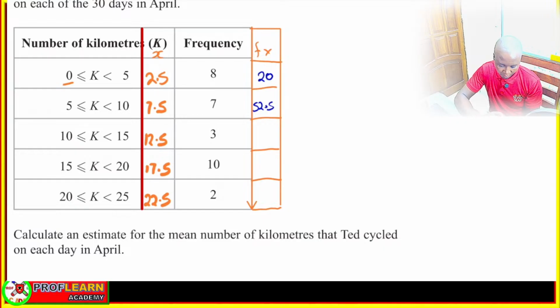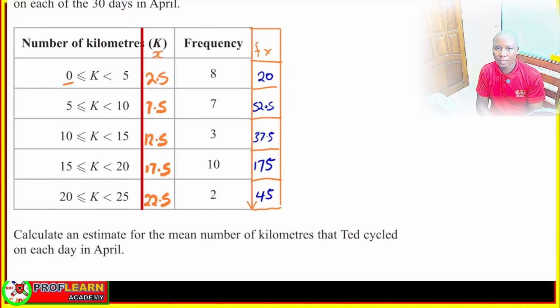And then 12.5 times 3 is giving us 37.5. 17.5 times 10, that's going to give us 175. And 22.5 times 2, that is going to give us 45.